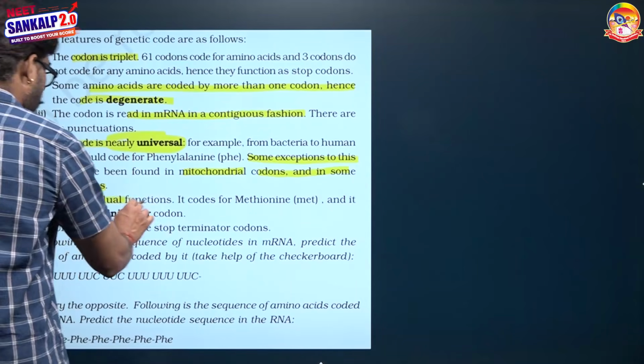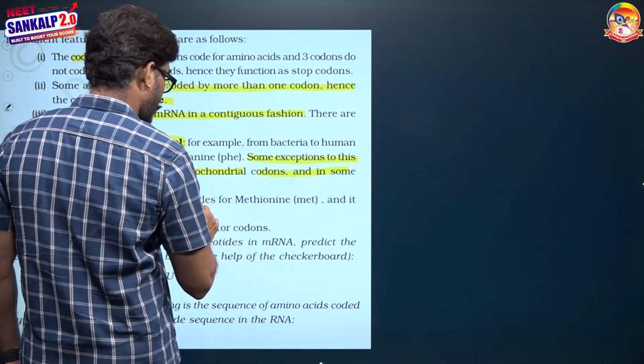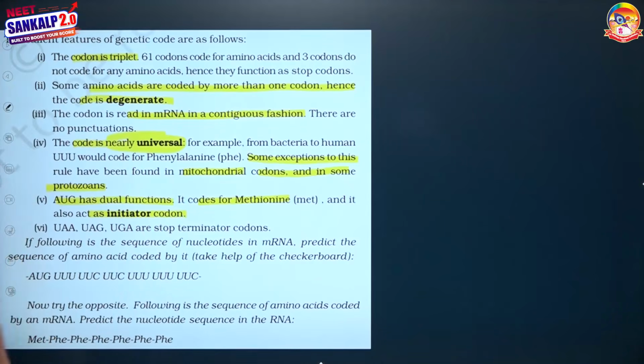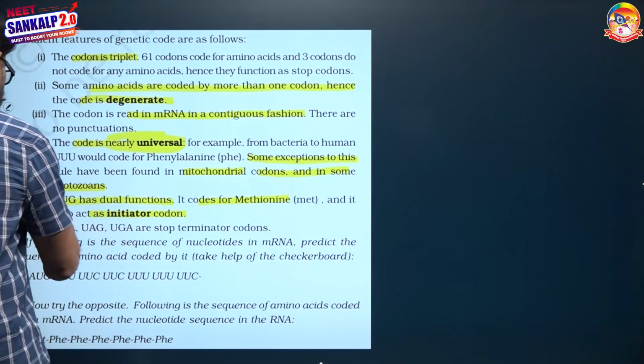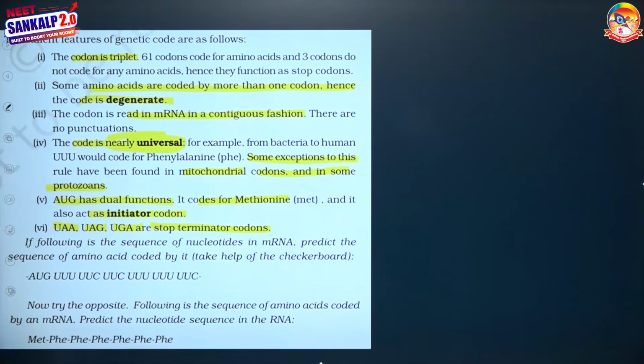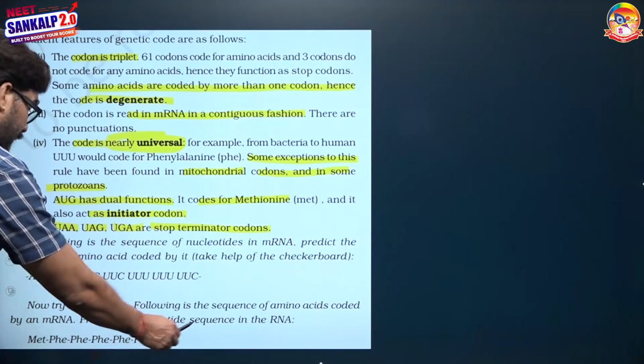AUG plays a double role. It codes for methionine and it acts as an initiation codon as well. UAA, UAG and UGA are the stop codons, meaning termination codons. If the sequence of nucleotides is given, then because the genetic codes are unambiguous, the sequence of amino acids can be found out, as given here.